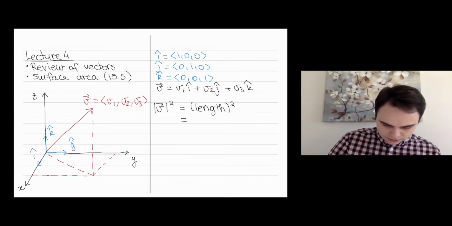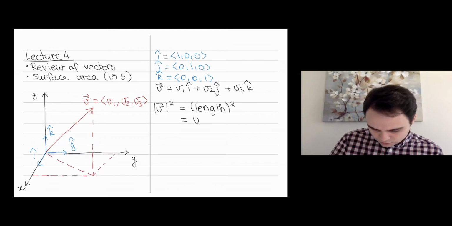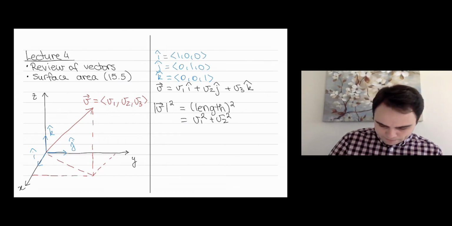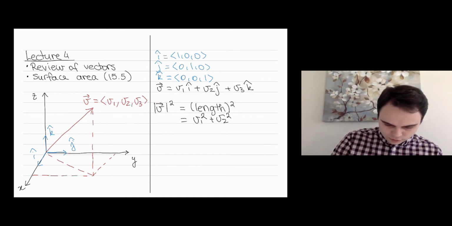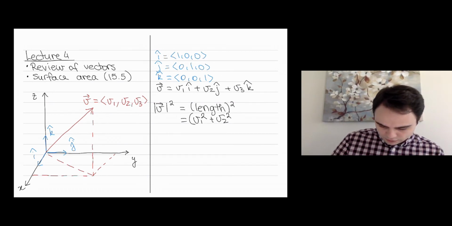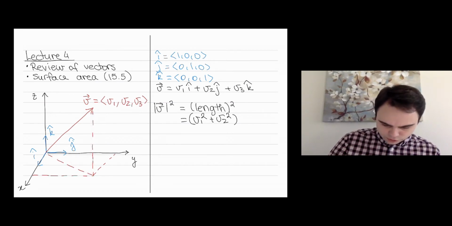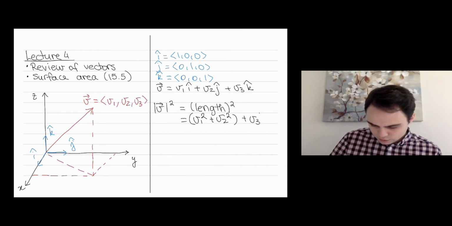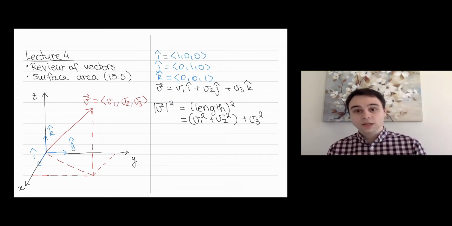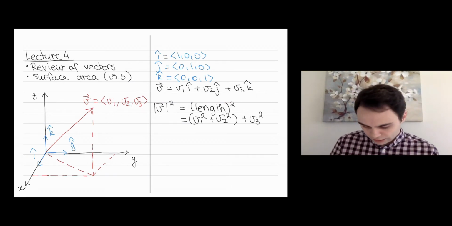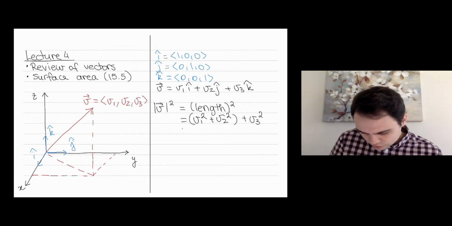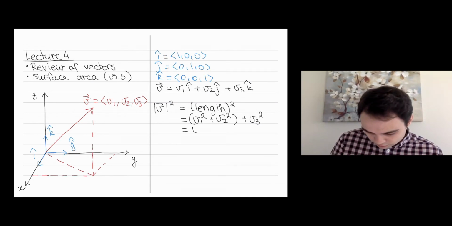So the length of the diagonal at the bottom squared is v1 squared plus v2 squared by Pythagoras' theorem, and then we add this height over here squared. That's v3 squared. Okay, so we have this nice expression for the length squared of a vector. Let me just note that this can be written as the dot product of v with itself.